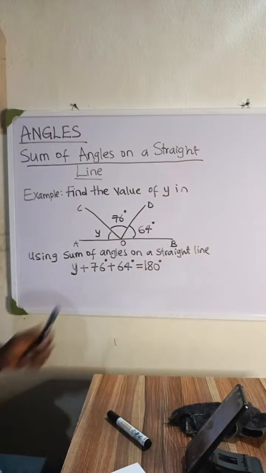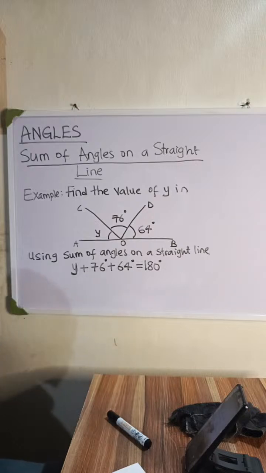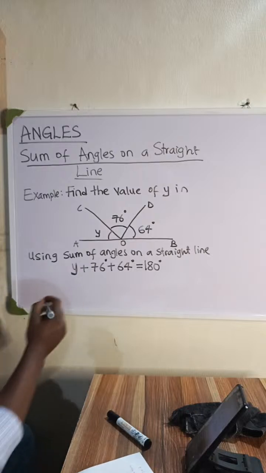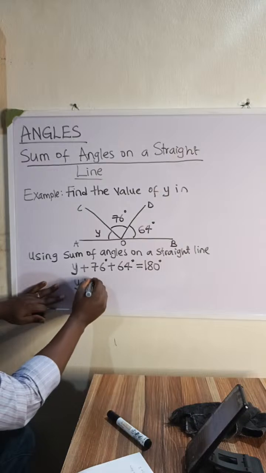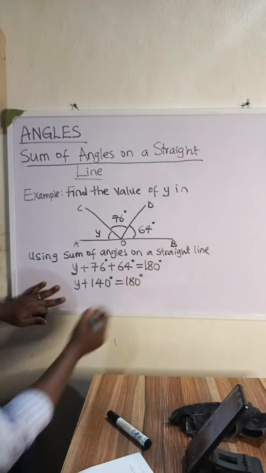So what's 76 degrees plus 64 degrees? 140 degrees. Good. So y plus 140 degrees is equal to 180 degrees.